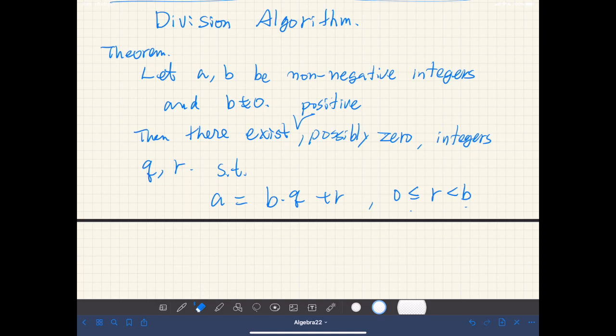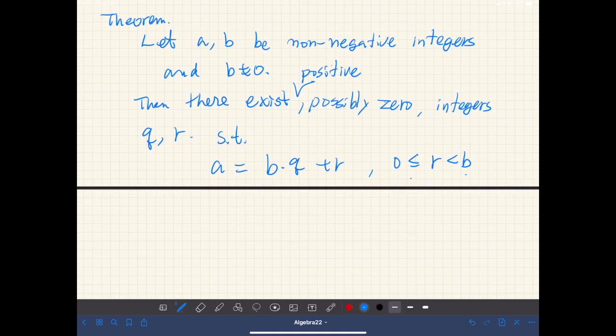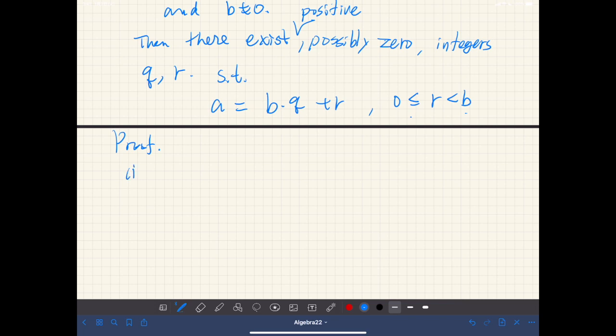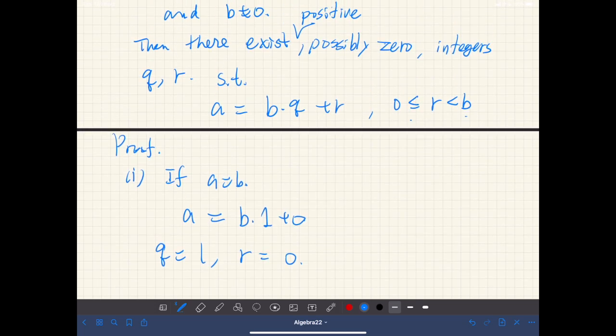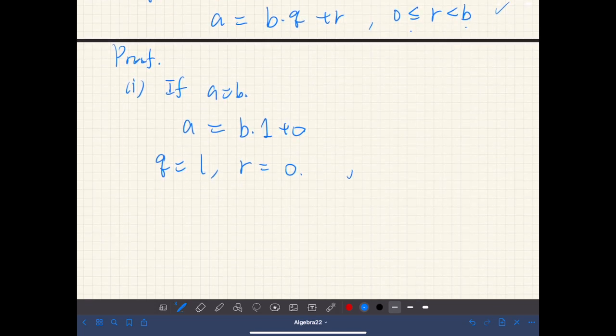Now let's prove this theorem. So first case, if a is equal to b. In this case, we have a is equal to b times 1 plus 0. So if we set q equal to 1 and r equal to 0, then this condition is satisfied. So this is true.